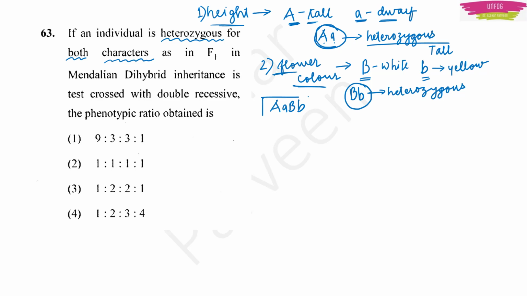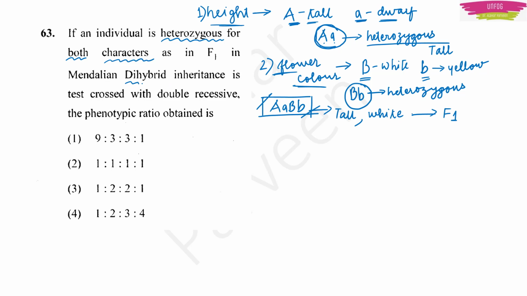So this is our main individual here, who is having tall height and white flowers, because the capital B dominant character will dominate the recessive character. So it is a tall plant with white colored flowers, and this is the F1 generation according to the question. See, as in F1 in Mendelian dihybrid inheritance.